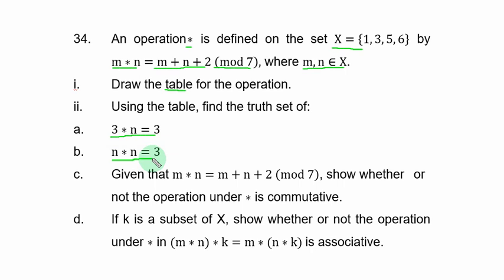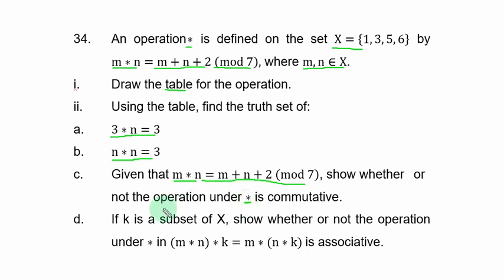C. Given that M asterisk N equal to M plus N plus 2 modulo 7, show whether or not the operation under asterisk is commutative.